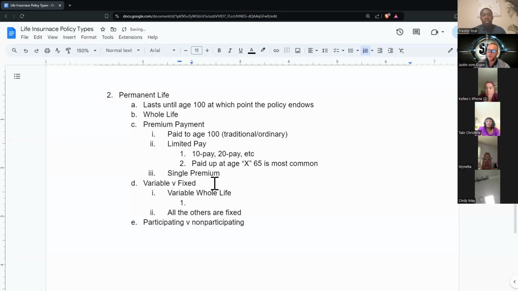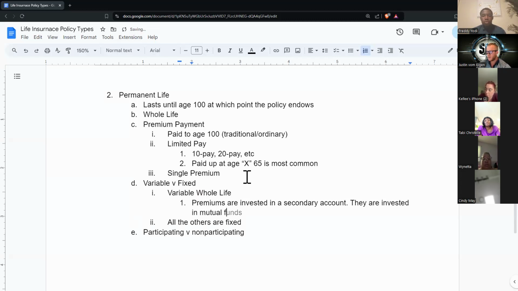Okay. Variable whole life. So this is when your premiums are invested in a secondary account. They are invested in mutual funds, in stocks. So what this does, this lets your cash value accumulate in proportion to the stock market and to funds that they're invested in.